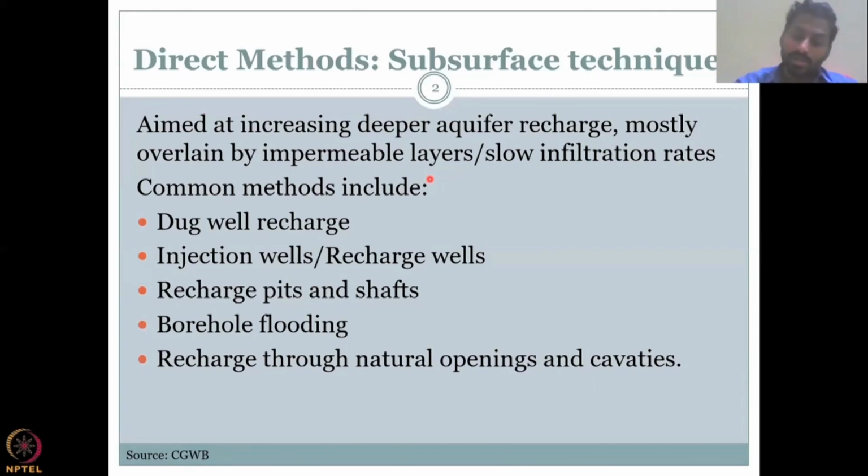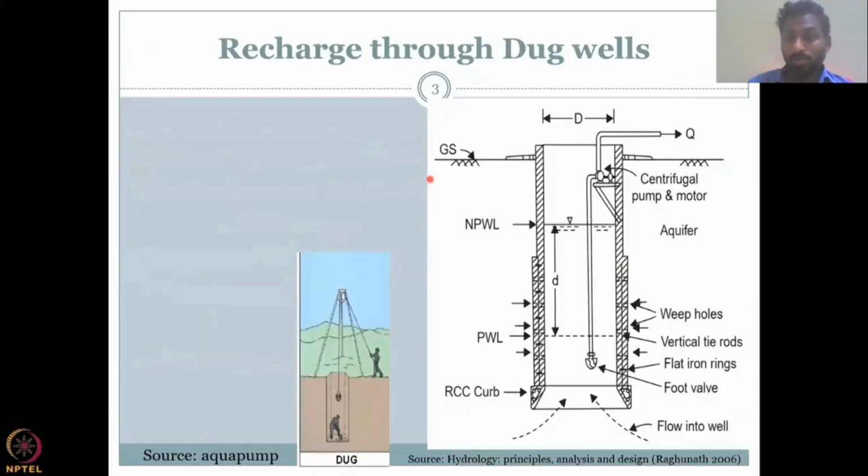It's a lot of energy-intensive methods which we will not look at. Same with borehole flooding, which is basically you have a deep borewell, and you're putting water in and assuming water would recharge. So these are augmenting recharge, yes, but not much used in India, whereas the others which I'll be explaining today are widely used.